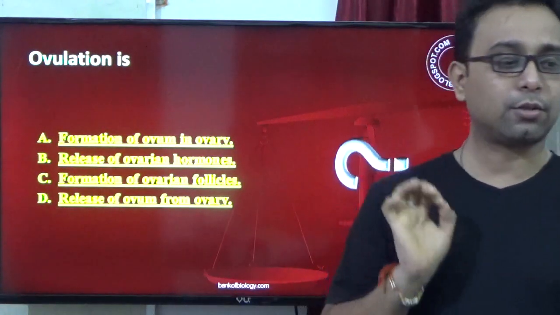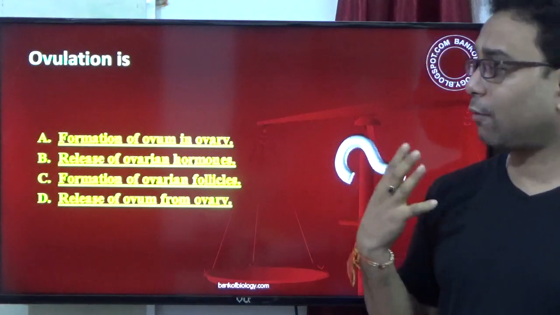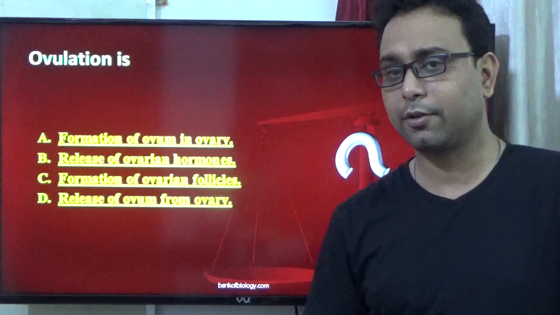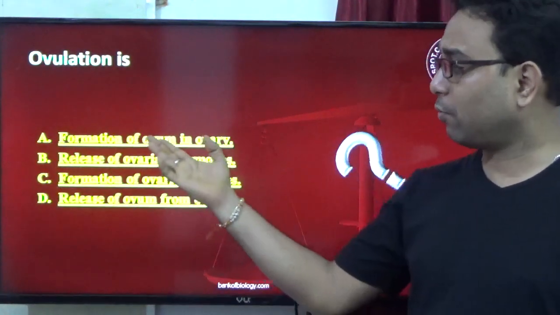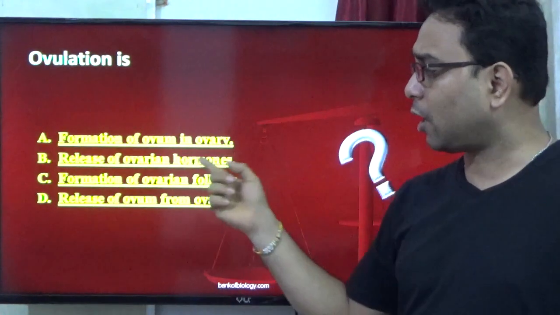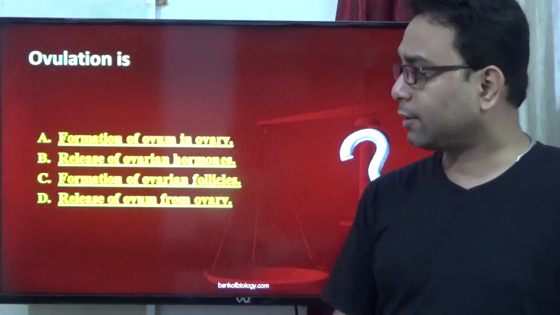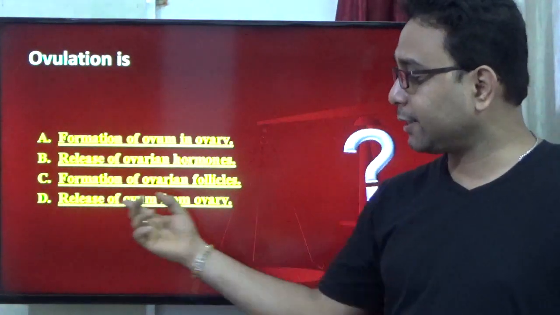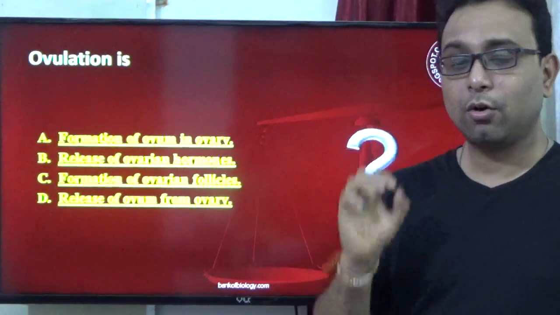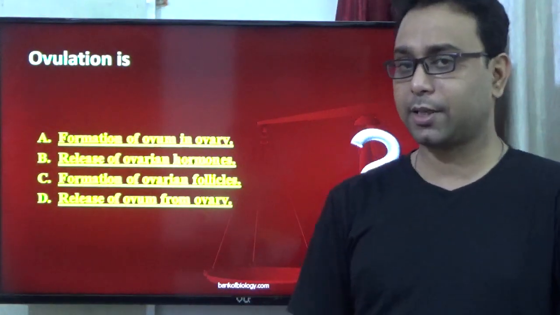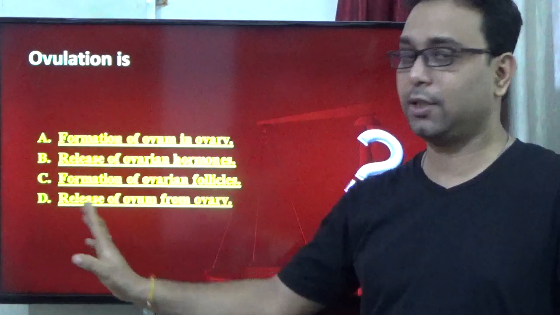Ovulation is, we have 4 options, like the same MCQs in the NEET exam: formation of ovum in the ovary, release of ovarian hormones, formation of ovarian follicles, or release of the ovum from the ovary. Which option is right? Please write 1A, B, C or D in the comment section.